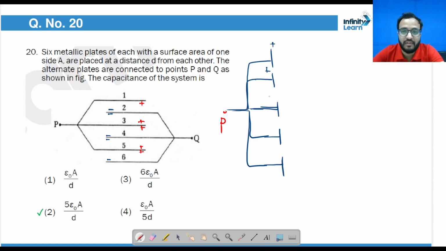Positively charged, positively charged, positively charged, positively charged, positively charged. Which is the plate? Plate number 1, plate number 3, plate number 4, and plate number 5, and plate number 6.